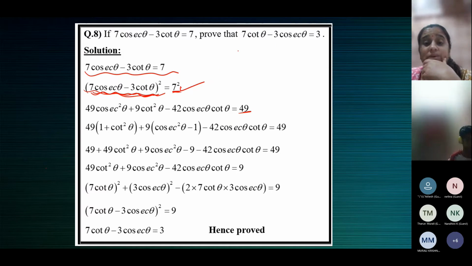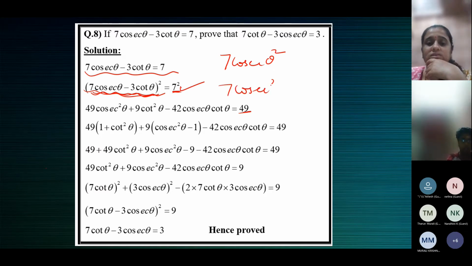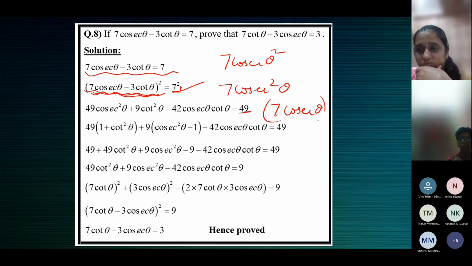So when you're squaring, be careful. 7 cosecant theta, it's not A square. It's not 7 cosecant square theta. What is A? 7 cosecant theta. This is A. This whole thing has to be squared.